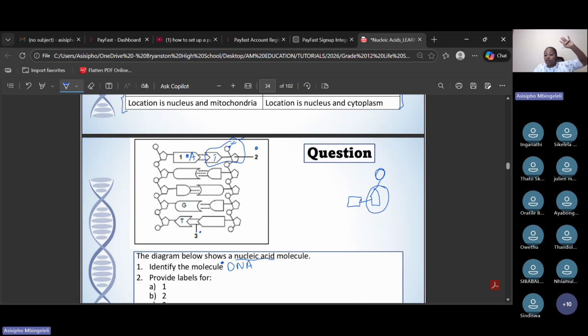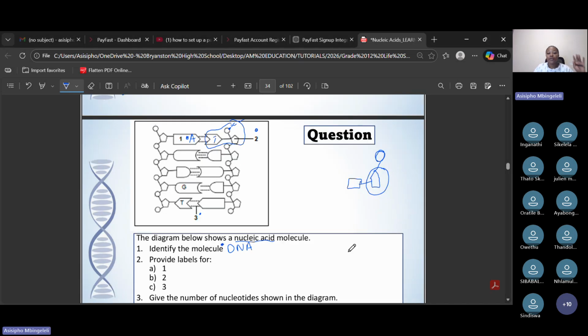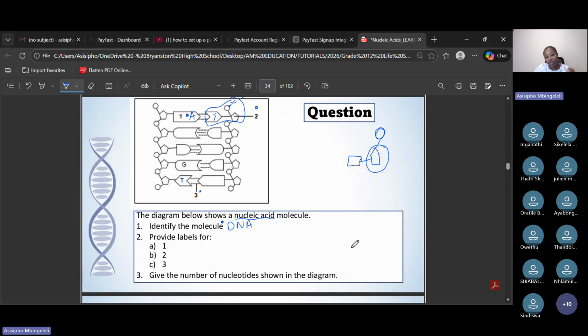Can I check? Is there anyone who wrote pentose sugar? You can raise your hand. I should be able to see people who are raising hands here. Is there anyone who wrote pentose sugar? Okay, I'm seeing a Julian. Anyone else? Oh, wait, quite a few. For this particular question, if you wrote pentose sugar, you're going to be marked wrong. And why is that?